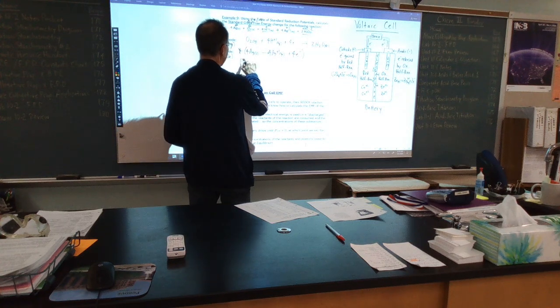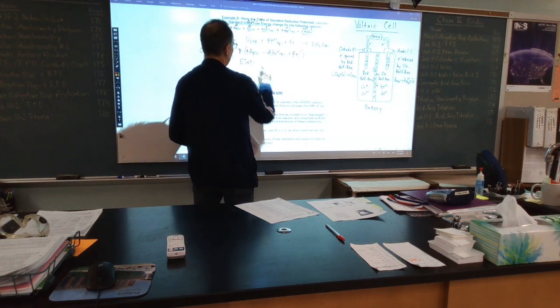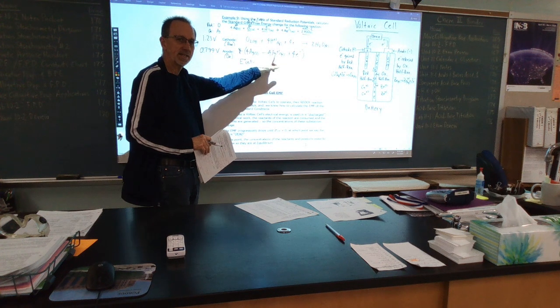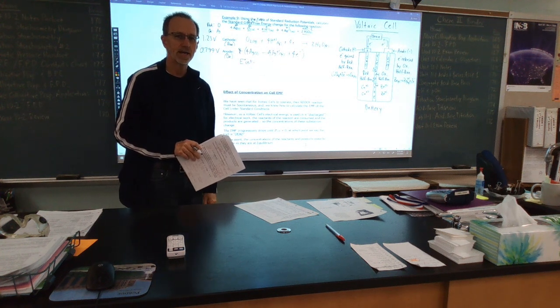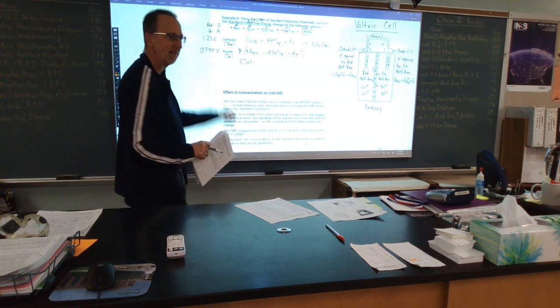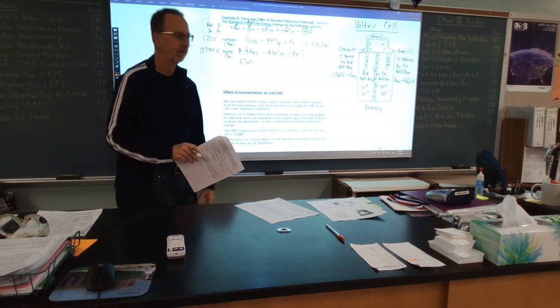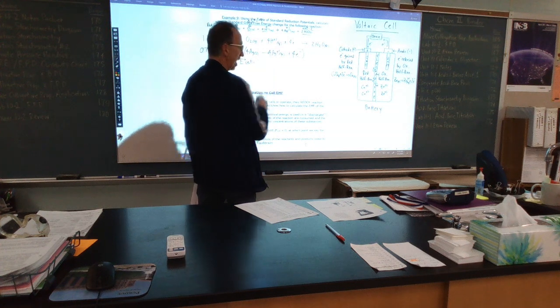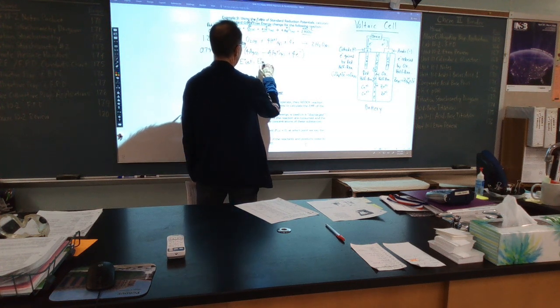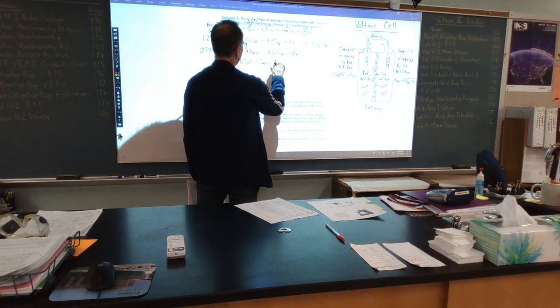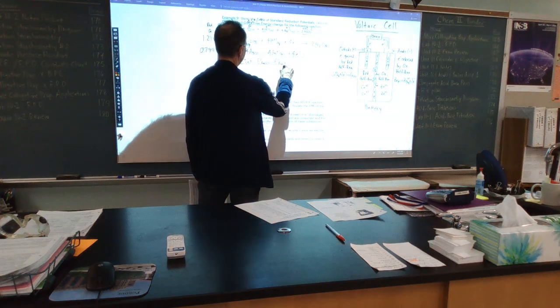So let's calculate E cell. And remember, even though we multiplied this by 4, since E is an intensive property, we do not have to multiply that by 4. You don't ever have to do that. That value remains constant. So E reduction cathode minus E reduction anode.